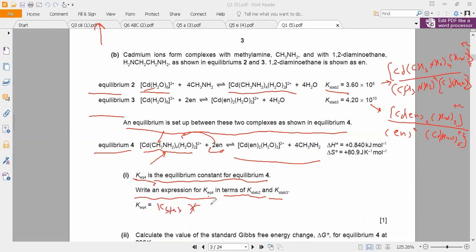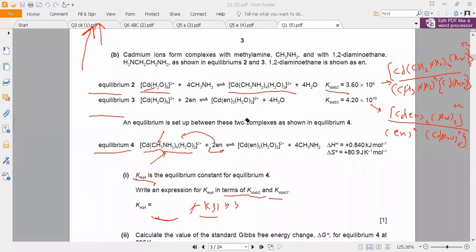Should we say that Kstab 2 times Kstab 3 will equal K equilibrium 4? Or should we divide them? Should we divide this one by this one, or this one by this one? How are we supposed to know? Guys, I hope you remember what we did here. We will do exactly the same. Before I do the same, guys, let me show you something here.